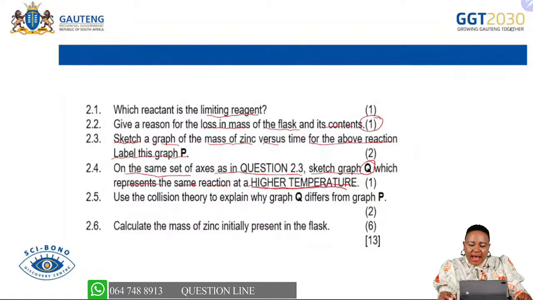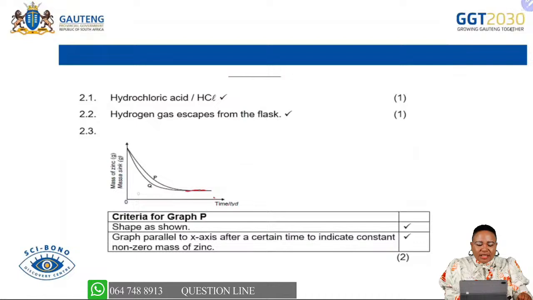Because it means now it will occur at a higher rate. So when you look at the two graphs, because they are on the same set of axes, the graph Q will be steeper than graph P, and the two graphs will end at the same point, because the same amount of gas will be collected, and the same amount of zinc that is left will be the same.